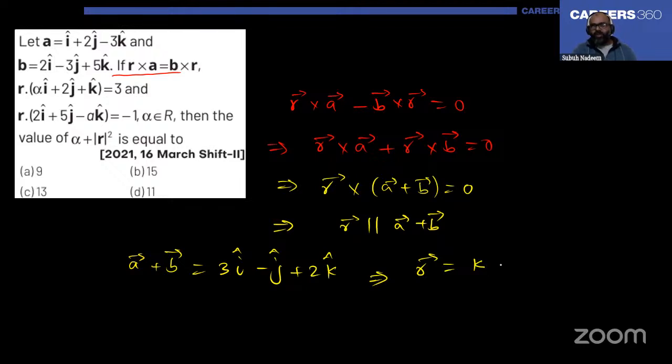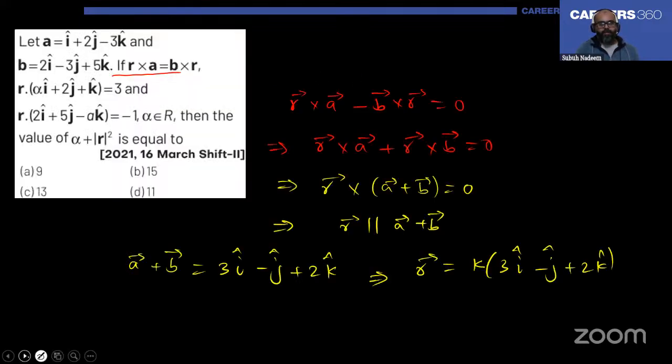So the direction cosine will be same, and direction ratio may be different, but the ratio of the direction ratio will be same. So we take a constant K and multiply it with A plus B, 3i minus j cap plus 2k cap. This is R. So R is equal to K into 3i cap minus j cap plus 2k cap.